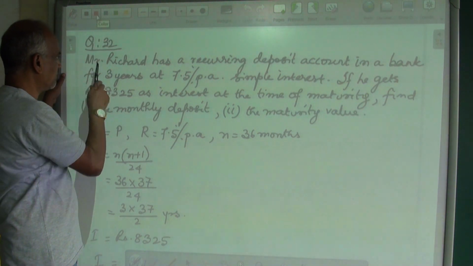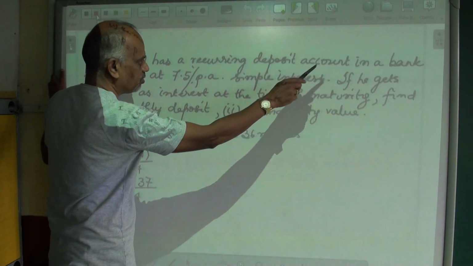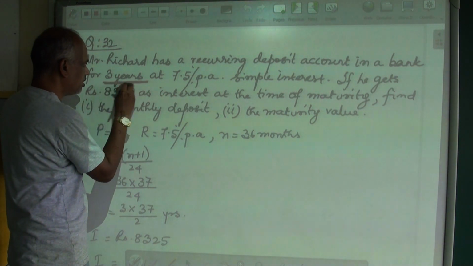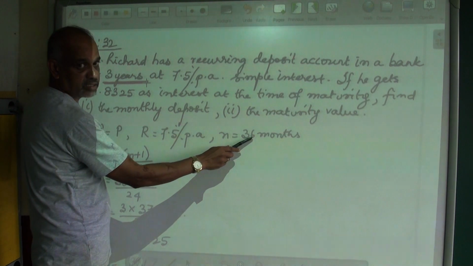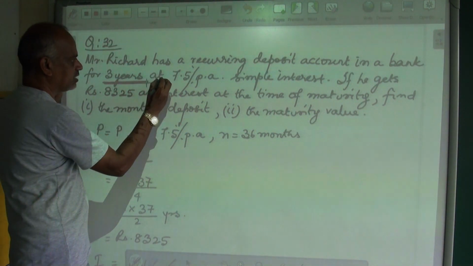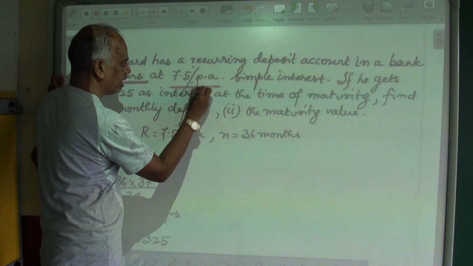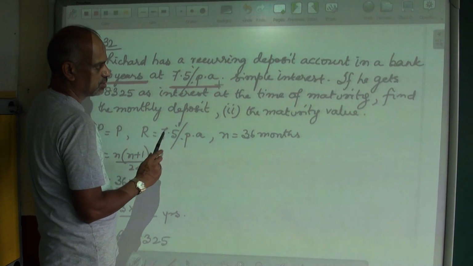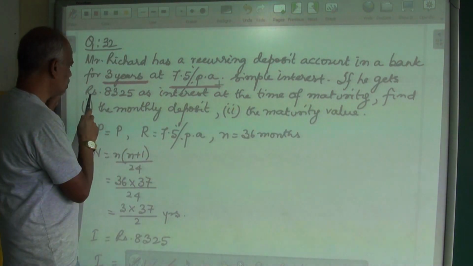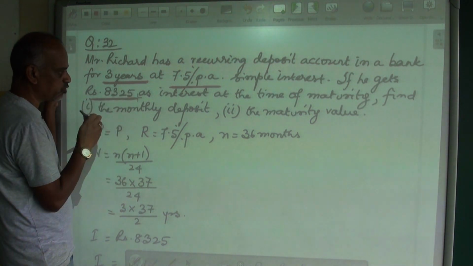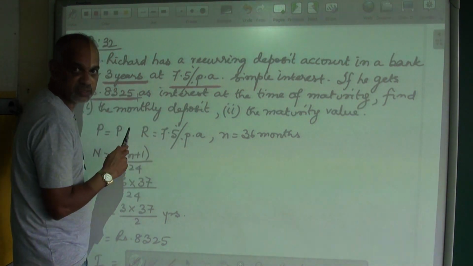The first thing that is known, Mr. Richard has a recurring deposit account in a bank for 3 years, that's the time given. 3 years, which is 36 months, small n value is 36 months. At 7.5% per annum, this is the rate. If he gets rupees 8325 as interest, it says.